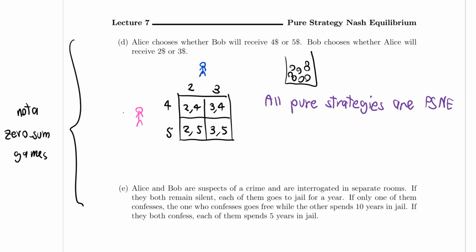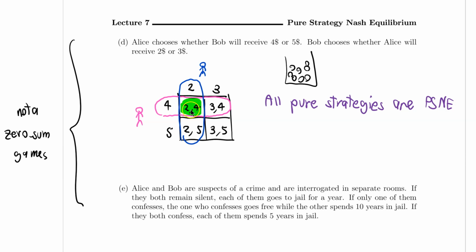If we think of it this way, let's say Alice chooses the first row, and then Bob chooses the first column. So that means Alice says Bob should get $4, and Bob says Alice should get $2. And this is what they end up with. So Alice gets 2 and Bob gets 4.